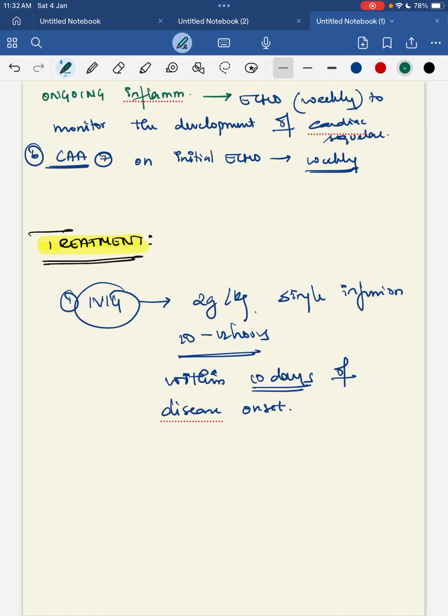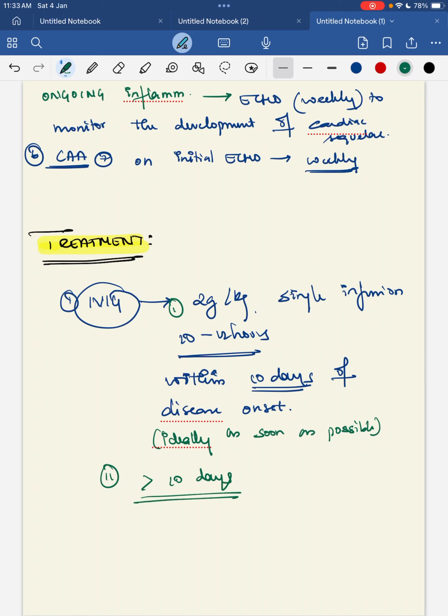Yes. Next, along with IVIG, you should administer aspirin at 30 to 50 mg per kg per day, it is a moderate dose, okay? You can elevate to 80 to 100 mg per kg per day. Aspirin should be given until the patient is afebrile, that is for at least 48 hours.